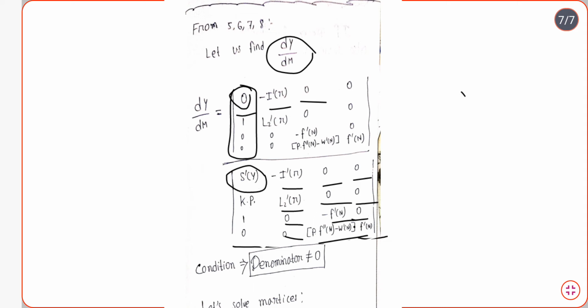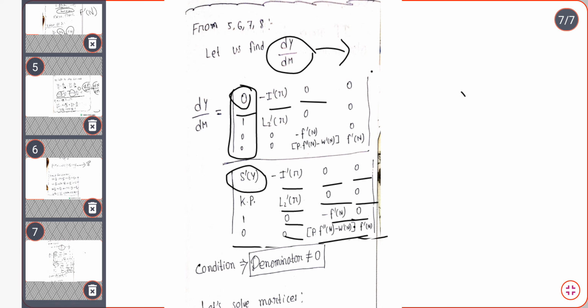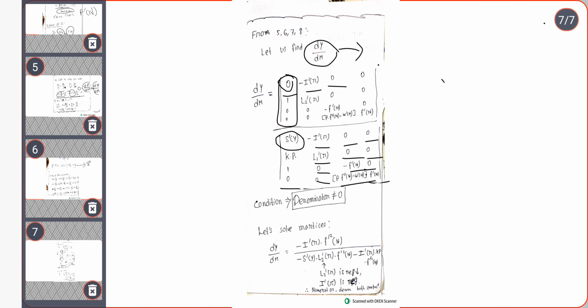That's why I have chosen the first column. If we are trying to determine drdm, then the value of drdm is supposed to be in the second column, in this position, so I would choose the second column. I hope you have understood it. Now how to fill this first column? That is a very simple thing. You have to just take the equations.